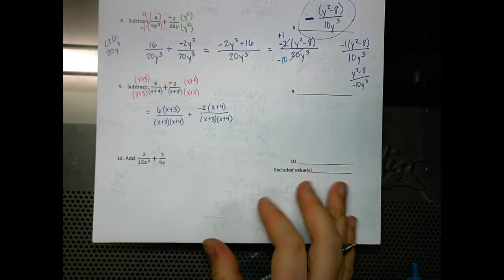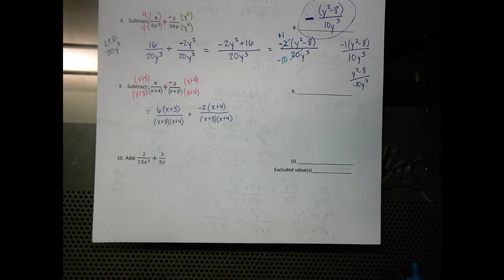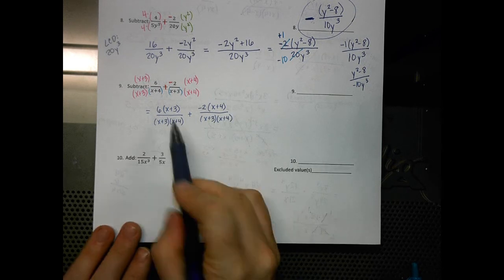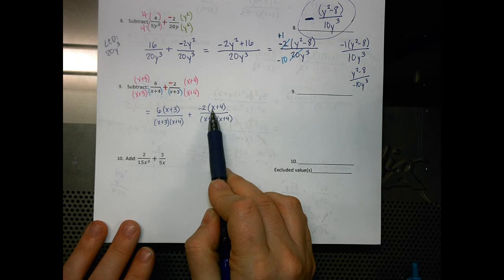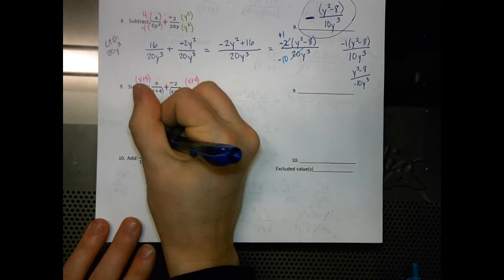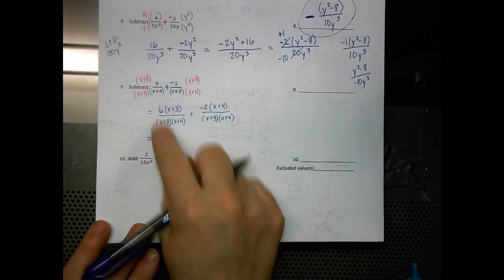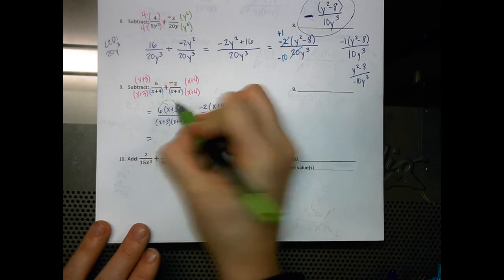So you can now add your numerators. But you can only combine like terms. Right now, 6 times x plus 3 is not a like term with negative 2 times x plus 4. So instead of adding them right away, let's go ahead and distribute these so then I do have some like terms.